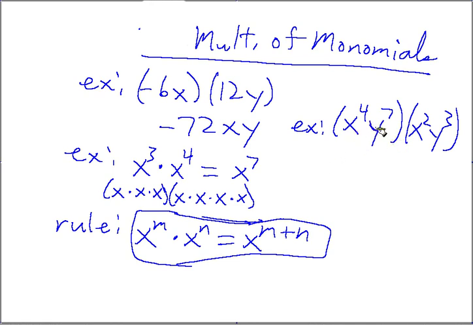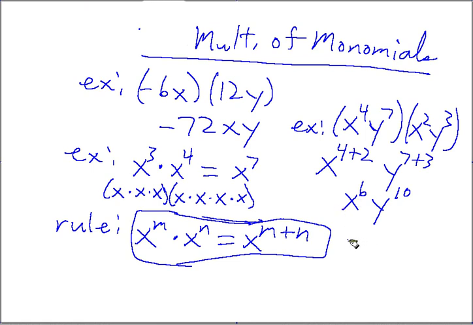So I'm just going to show the step of adding them up down here. So this is going to be x to the what? 4 plus 2. Y to the what? 7 plus 3. So therefore the answer is going to be x to the 6th, y to the what? 10th. So again, we just jump straight to the final answer in this case, but I just show you one additional step here. Alright? Okay, so let me go and clear out this screen.